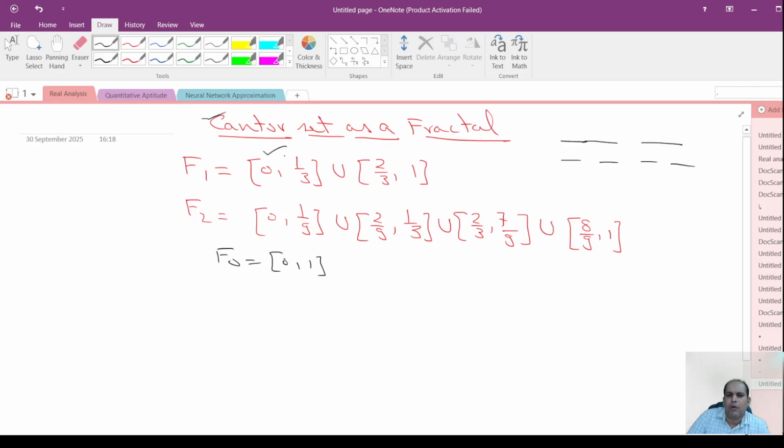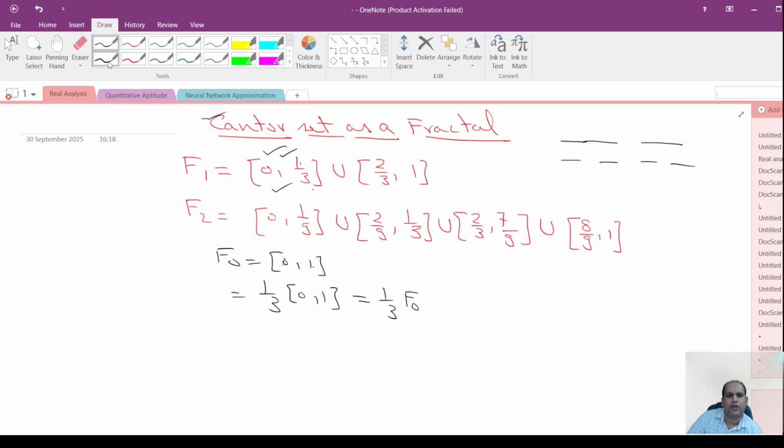How do we obtain F1 from F0? If we shrink the length of the interval [0, 1] to 1/3, then F1 is basically a scaling of F0. If we multiply each term of F0 by 1/3, I will get the first part of F1, not the whole F1.